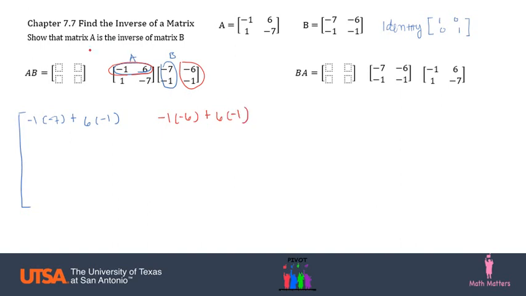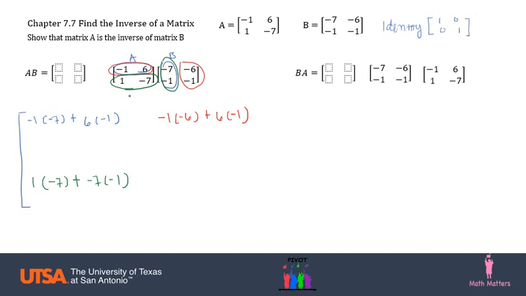And then we're going to do the same thing. So it's going to be row 2 times column 1. So we have 1 times negative 7 plus negative 7 times negative 1.